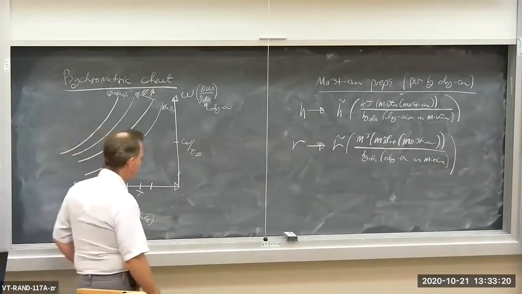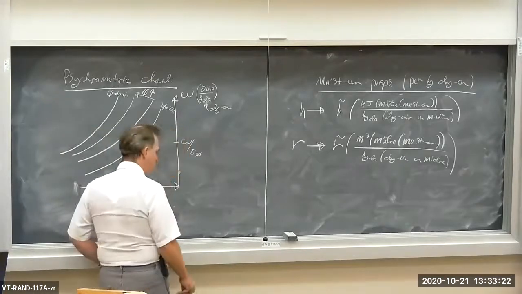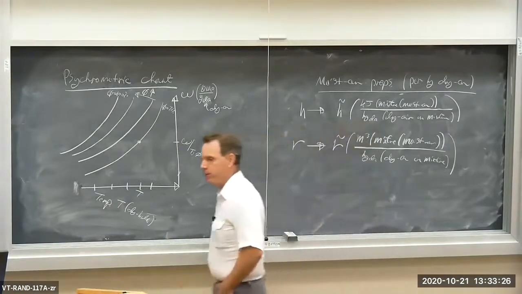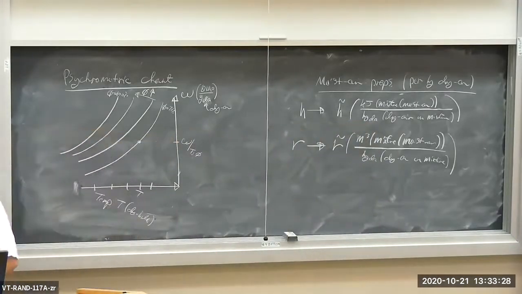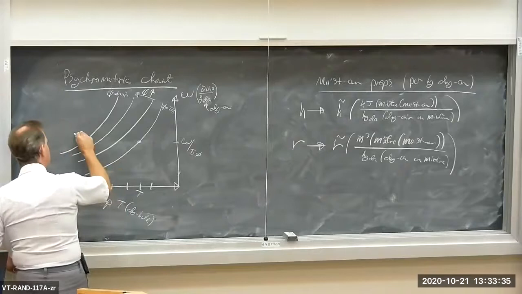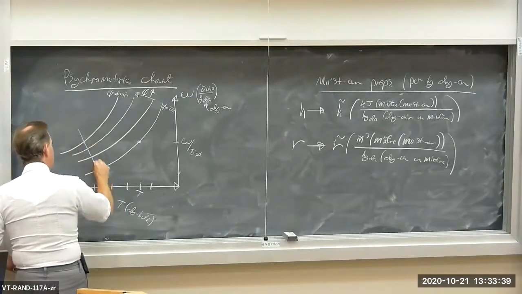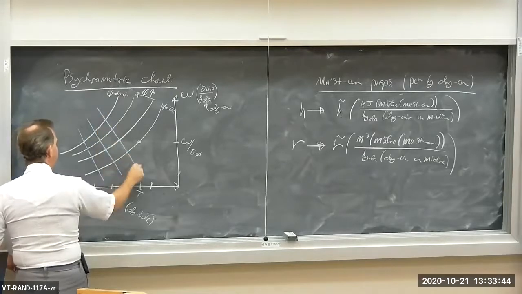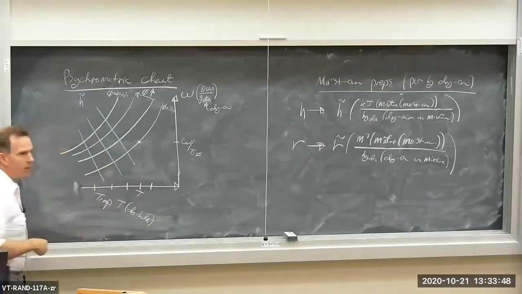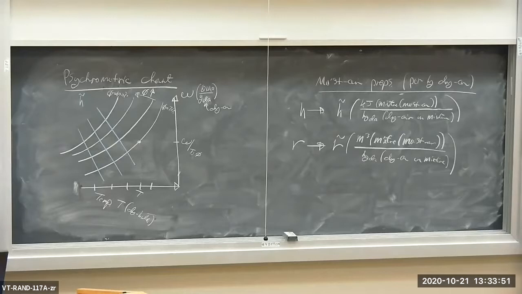Now, there's also additional quantities on this plot. It becomes a little bit more complicated here, but we also have lines of constant enthalpy, H tilde. So we have lines of constant H tilde that go something like that.